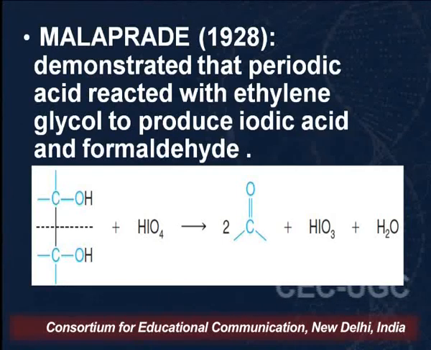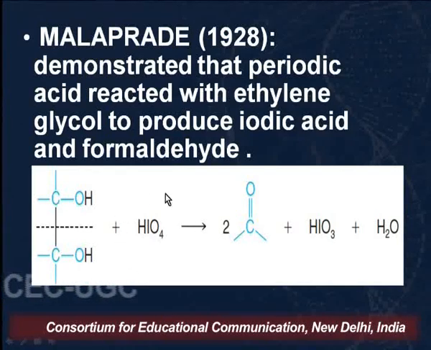So this is the overall reaction, and here these can be R groups or these can be hydrogens. Here, let us say that these four groups are hydrogens, and this molecule undergoes oxidative cleavage by periodic acid.